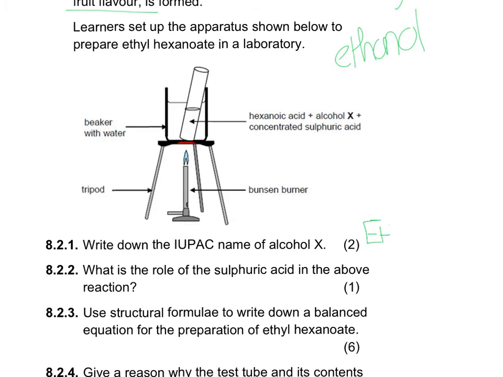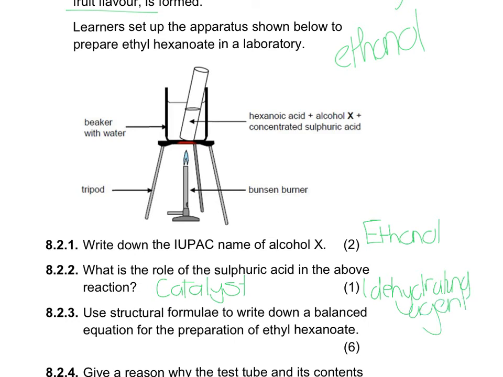That is ethanol. Then they say to you, what is the role of the sulfuric acid in the reaction? It's a catalyst. Okay? Its primary role is a catalyst, but it also can act as a dehydrating agent. Okay? Takes out water as well.